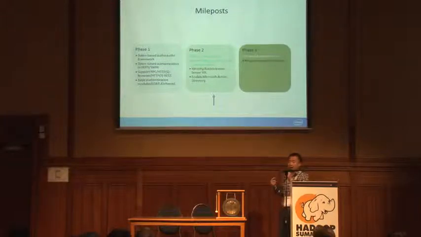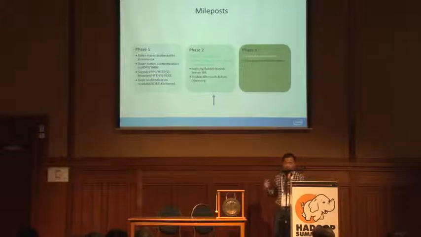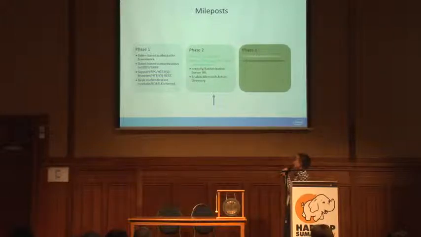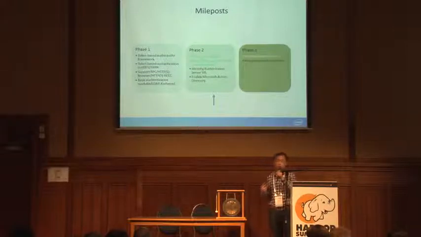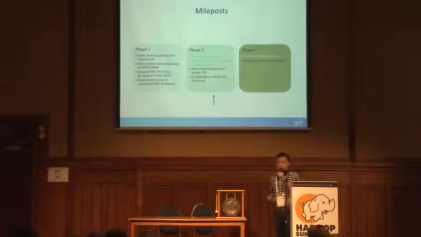And since Microsoft AD is very important and commonly used in the enterprise, we will enable Microsoft AD as the identity management server. And phase 3 is mainly about authorization. We have finished a brief unified authorization, and also include a basic authorization engine. In the next step, we will do some more fine-grained authorization.